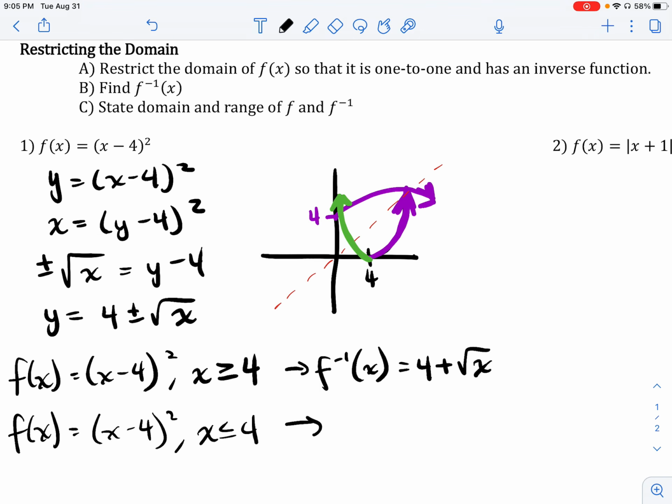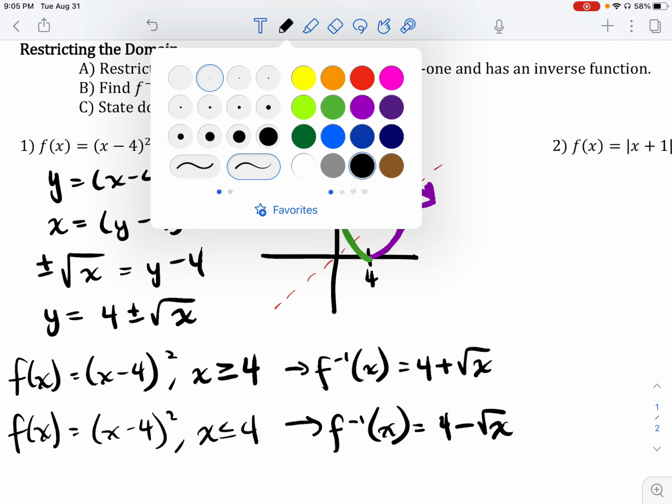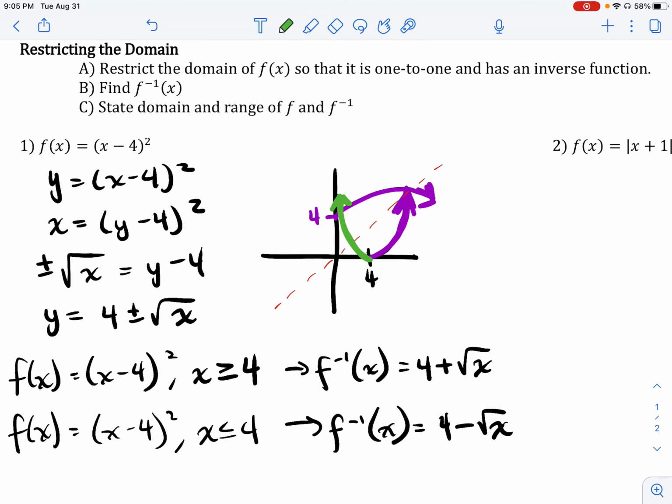And my inverse for this, then, would be 4 minus root x. And what would this look like? Well, it would have the same spot here, vertical shift up 4, but this time I have a minus root x, which would be a reflection over its respective horizontal. So that would look something like this.